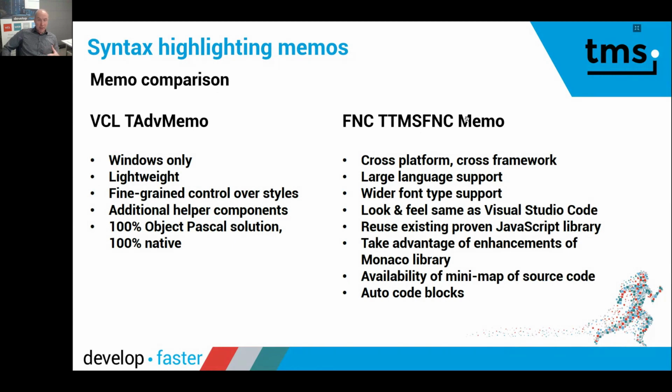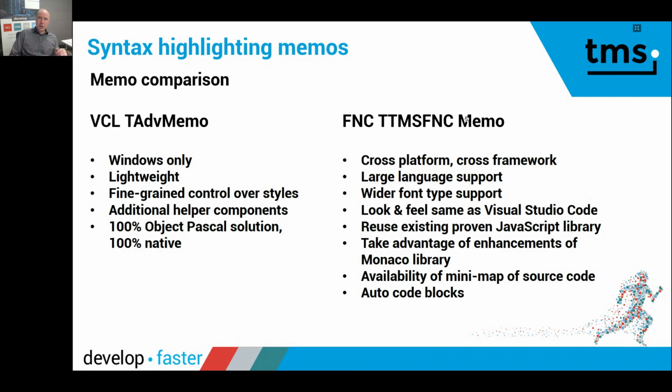And as that library evolves, that is in continuous development, we will also take advantage of whatever comes in the future as improvements. The minimap is also something at this point that is a unique feature of the FNC Memo, and this insertion of complete code blocks with programmable insertion points is also something specific in this FNC Memo.